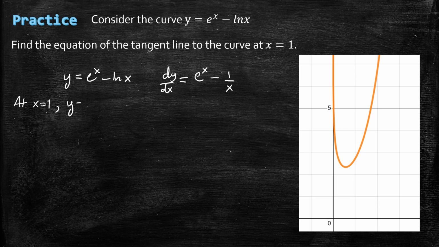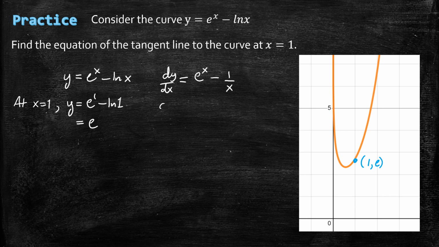So I'll say x equals 1, y equals e to the 1 minus ln 1. And e to the 1 is e, and ln of 1 is 0. So at x equals 1, we know that the y coordinate is e.